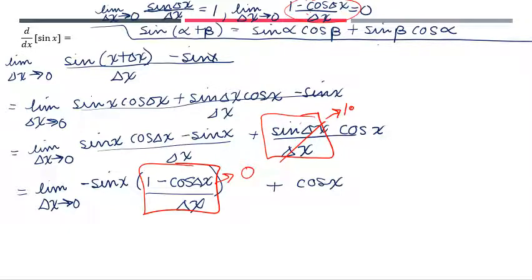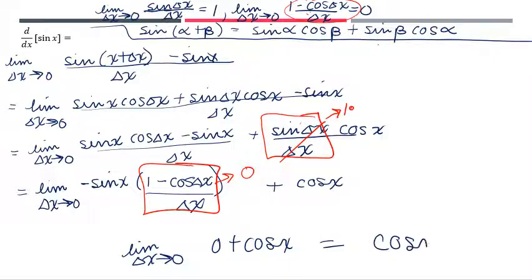So I have the limit as delta x approaches 0 of 0 plus cosine x. There's no delta x left to plug in, so I'm just left with cosine x. The derivative of sine just ends up being cosine.